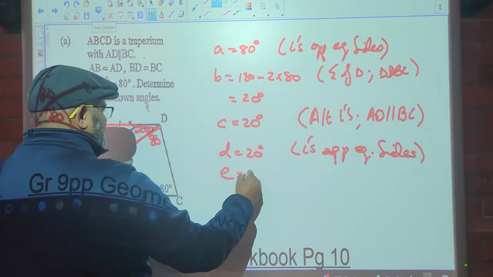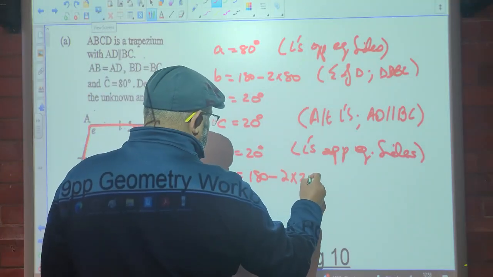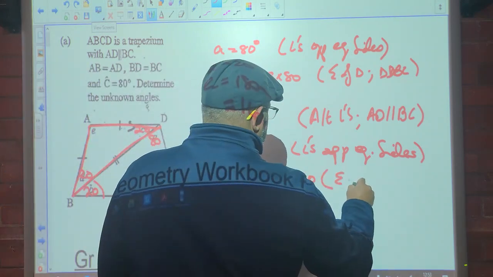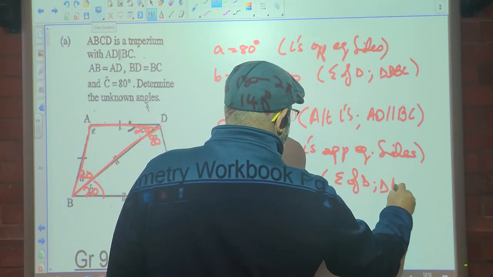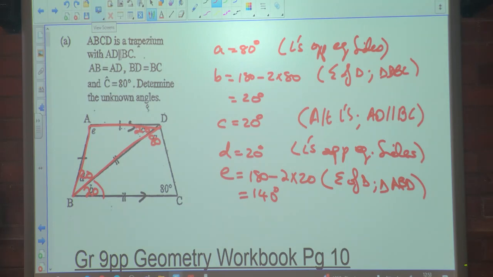So angle E is equal to 180 minus 20 minus 20, which is 2 times 20, which gives you an answer 140. Sum of angles in triangle ABD. Okay? Any confusion there? So that is A.